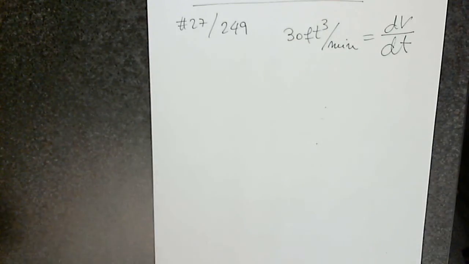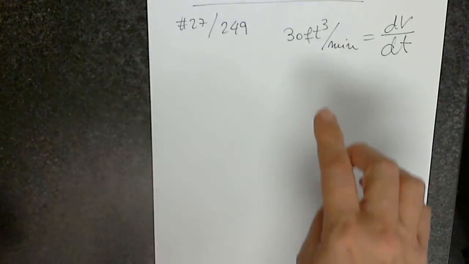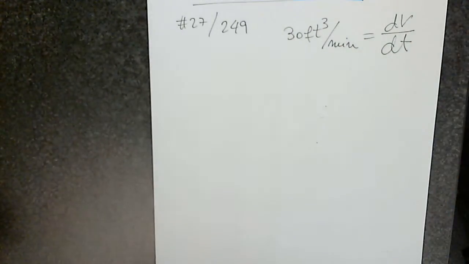What would you consider that? I said square feet per minute. The area over dt. Yes. What if I'm given something like feet per minute? It's the rate of change of length, dl over dt. If I'm given cubic, it's definitely volume. Good. Okay, so let's read on.